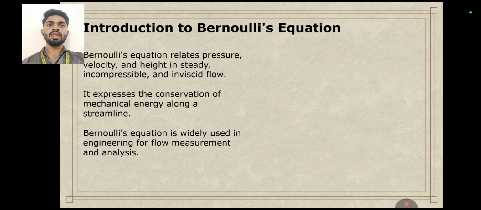Introduction to Bernoulli's equation. Bernoulli's equation relates pressure, velocity and height in steady, incompressible and inviscid flow. It expresses the conservation of mechanical energy along a streamline. Bernoulli's equation is widely used in engineering for flow measurement and analysis.